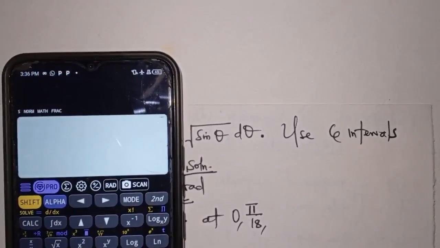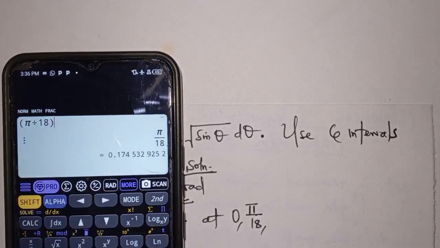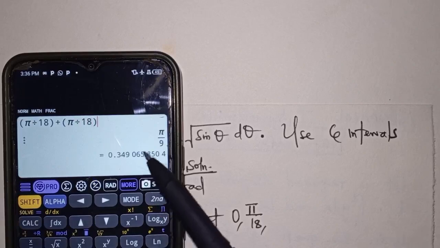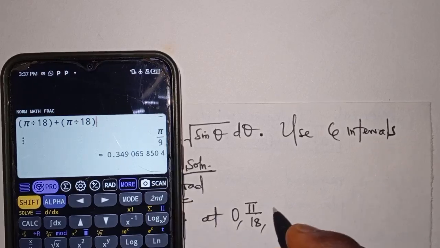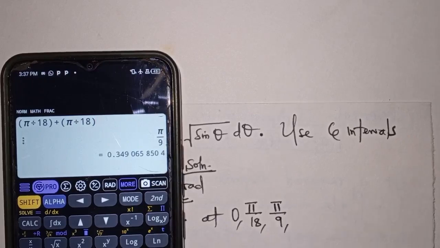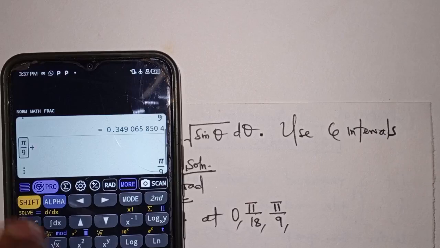Shift pi divided by 18 plus, so that is pi over 9, right? So if I add pi over 18 to it again, I'll be getting pi over 6.